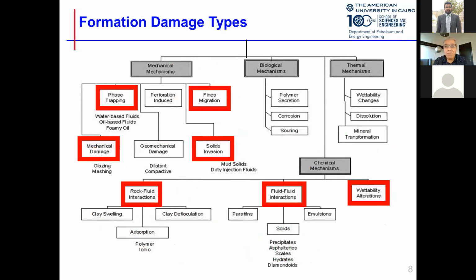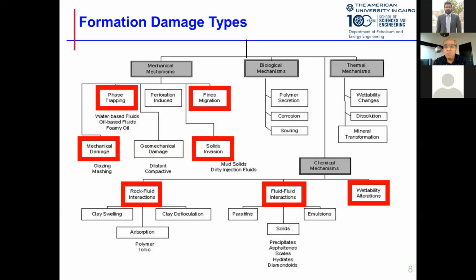Now there are different types of formation damage. The formation damage can be driven by different mechanisms, like, for example, mechanical, biological, thermal, and chemical mechanisms. Mechanical and chemical mechanisms contribute to lots of formation damage because of their nature.